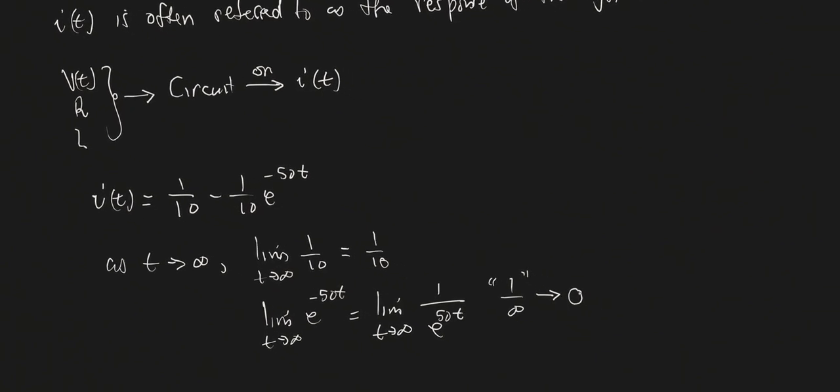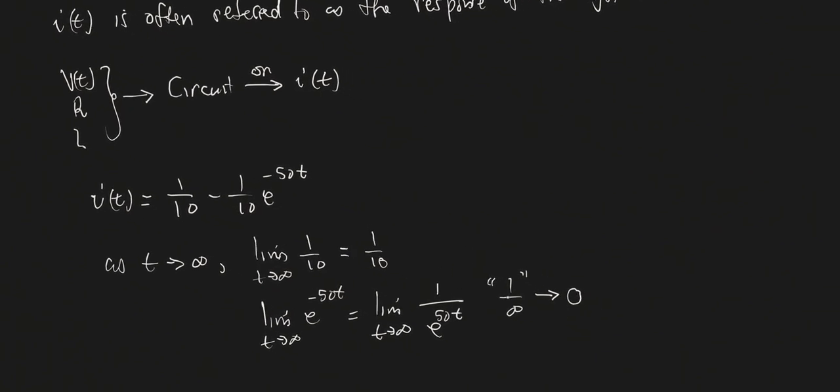Whenever you have a term in your response that approaches 0, we say that term is transient. So because e to the negative 50t approaches 0 over a long period of time, we say it is a transient term, in the sense that it dies away and becomes negligible over time.